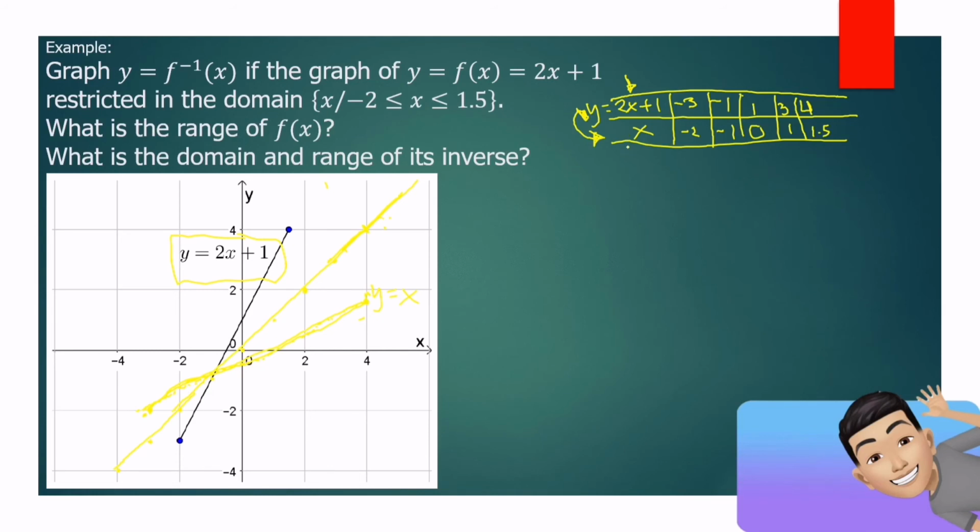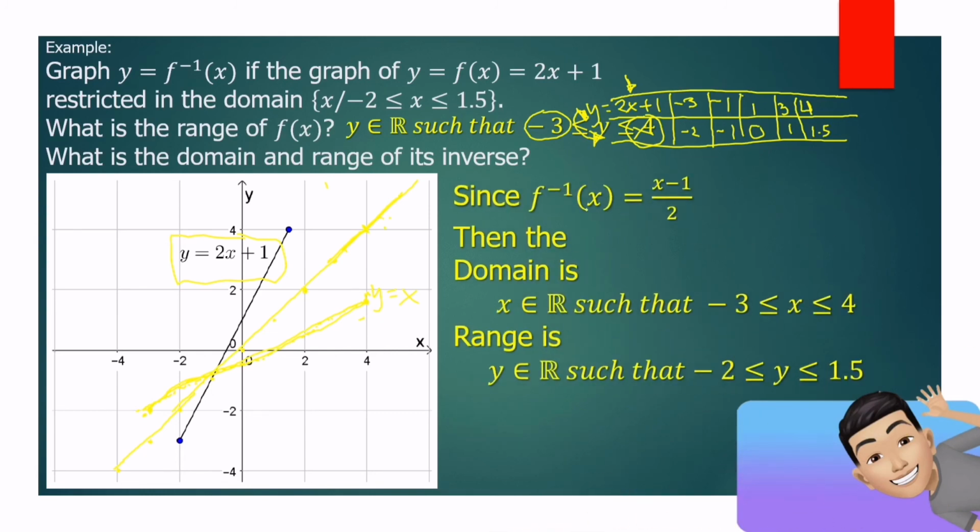Balik muna tayo doon sa ating question, what is the range of f of x? So, nagkaroon tayo, generate natin from negative 3 up to positive 4. Now, considering the table of values and doon sa graph natin, since f inverse of x is equal to x minus 1 over 2, yung process nito, andyan din yung link sa baba, yung discussion ng inverse function.